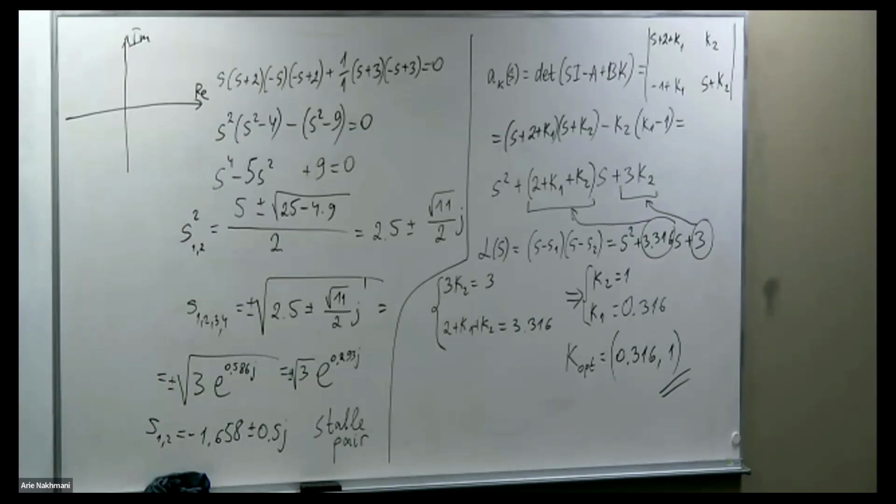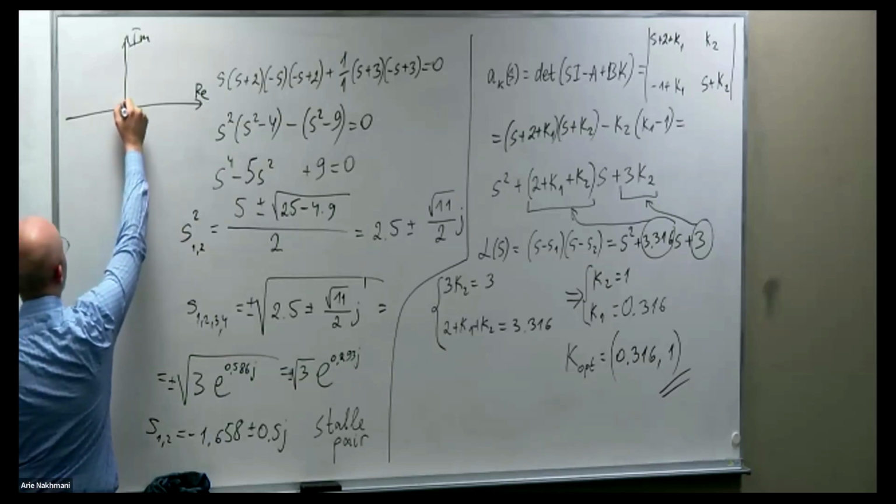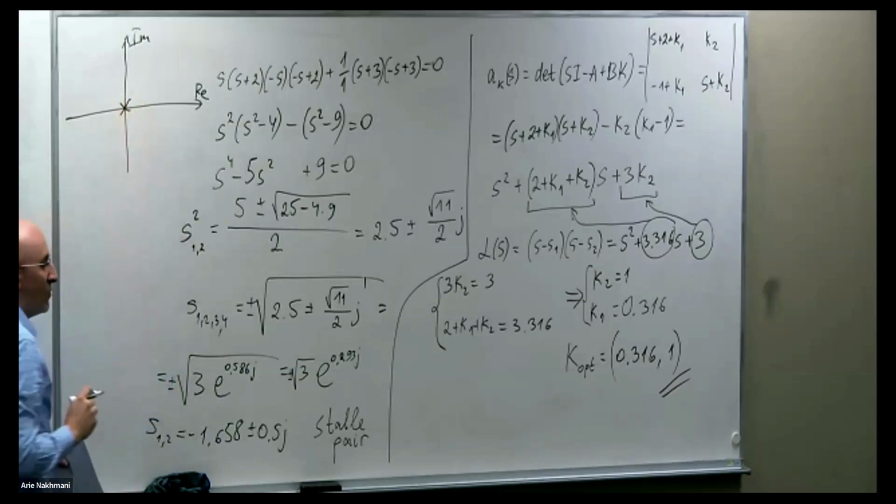So what are they? What do you have there? So we're looking at that thing. So we have a pole at 0, right? One pole at 0 or more.